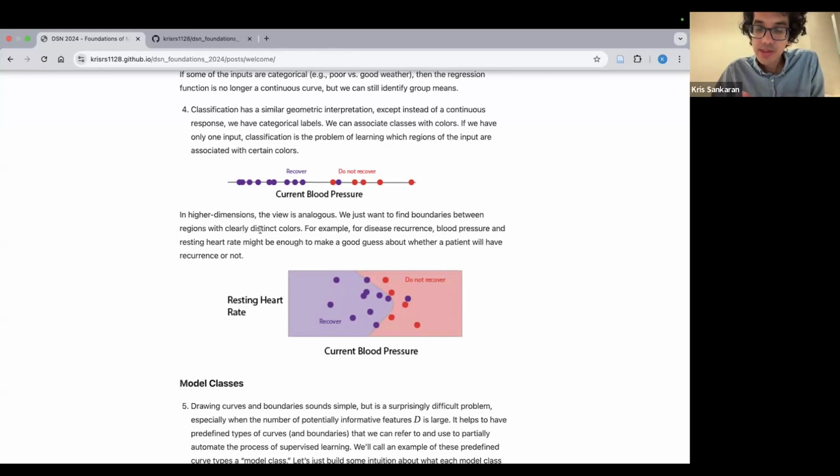There's a trade-off that you need to be able to navigate in this question. On the one hand, the more relevant features you have, the better chance you're going to have of being able to separate these different points, right? You can imagine an example where in one dimension, you wouldn't be able to split it at all, but in multiple dimensions, you'll be able to split it very easily.